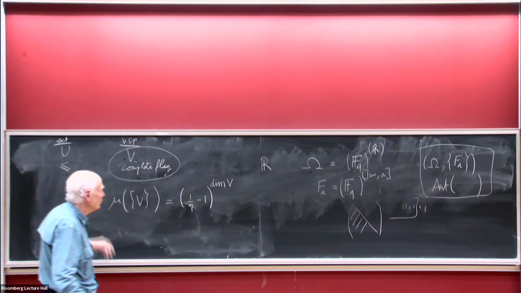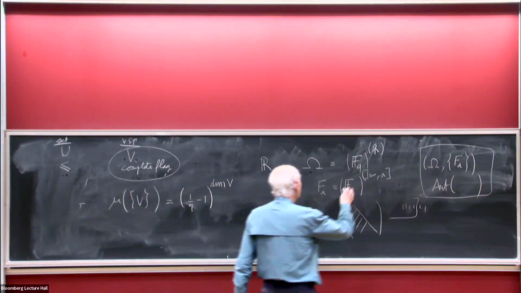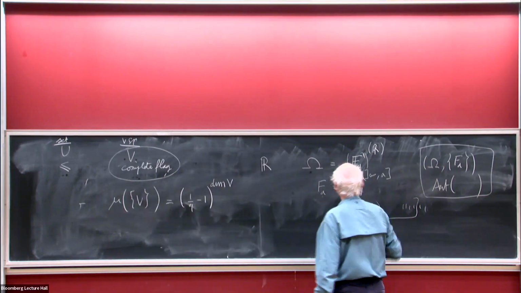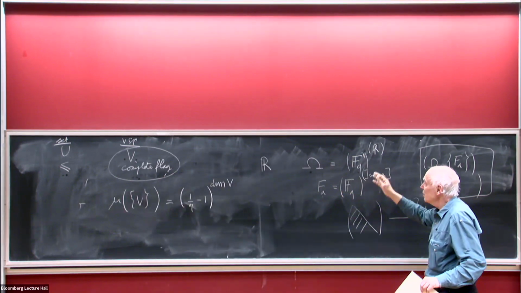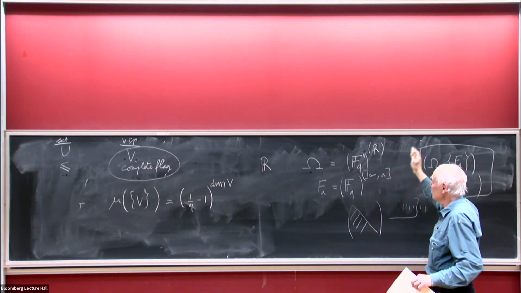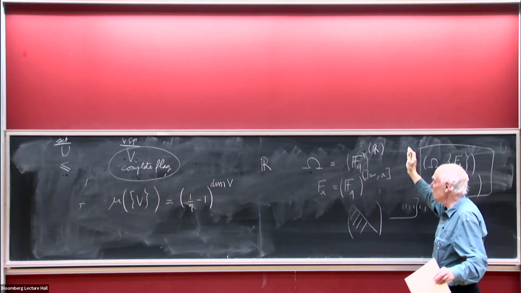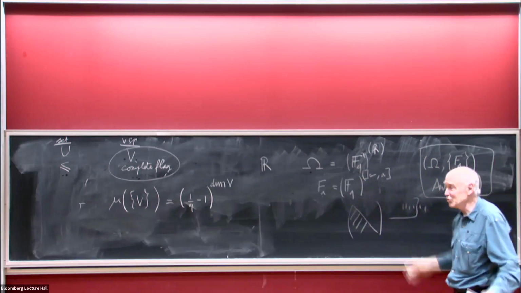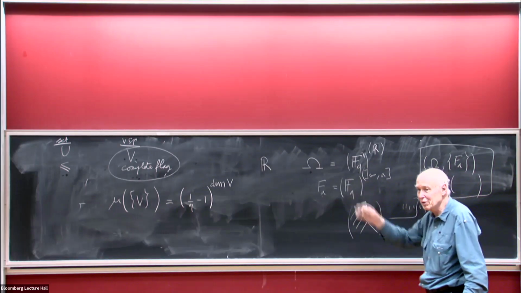For instance, here I can look at F_n, and so I have something like an infinite version of a parabolic subgroup, which I am considering. There also one can have a measure.